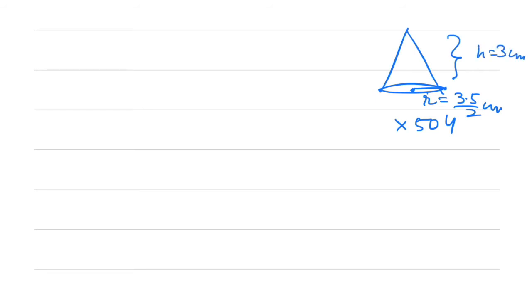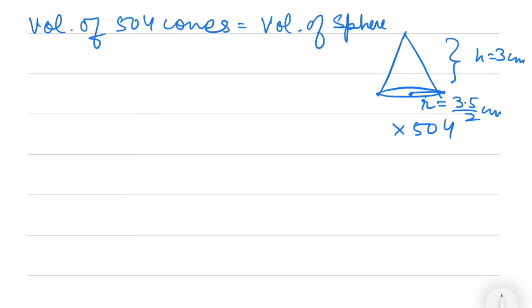They are melted and recast into a metallic sphere. Find the diameter of the sphere and its surface area. So now we can say volume of 504 cones is equal to volume of sphere.